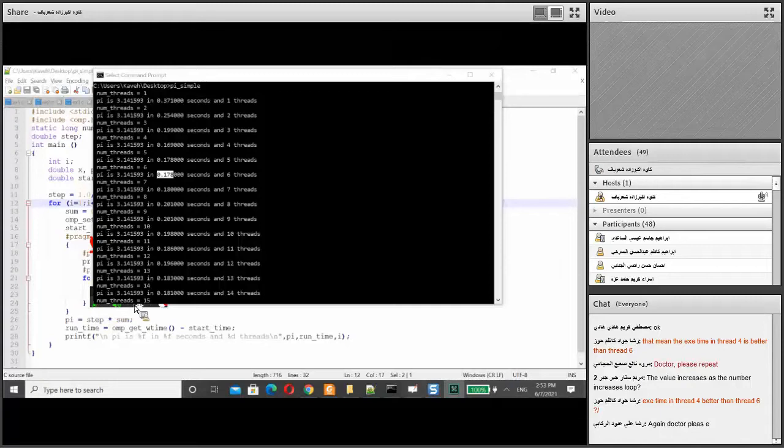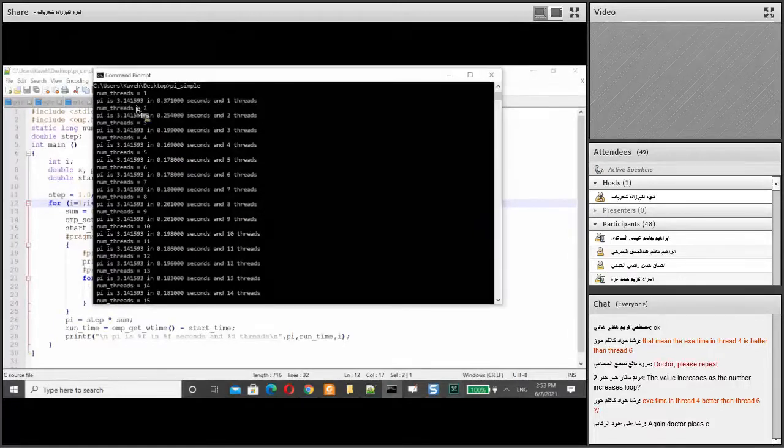Whether the execution time with 4 threads is better than with 6 threads does not have a precise answer. Keep in mind that the execution will affect the results. Let me save a screenshot.